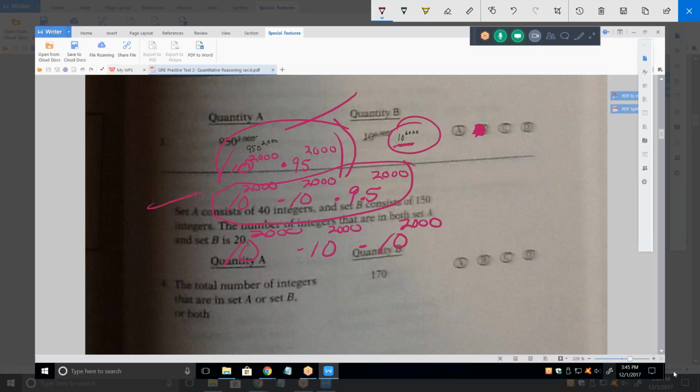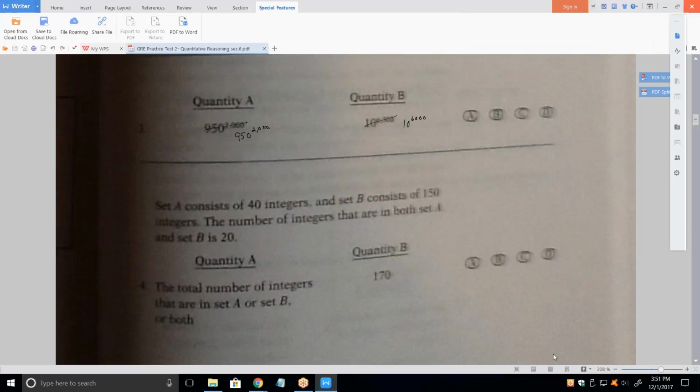Break it up into that, and then realize that this is bigger than that, and that this is equal to that. Tough problem. This definitely would be one of the tougher ones.